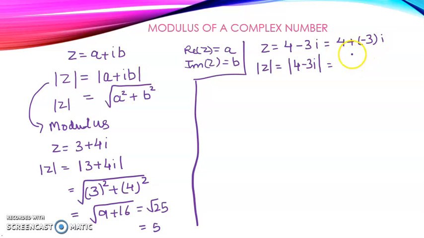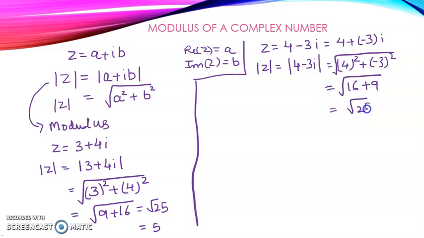So, square of the real part plus square of the imaginary part, and its square root. 4 square is 16, minus 3 square is 9. 16 plus 9 is root 25, which is equal to 5. Are you following, students?